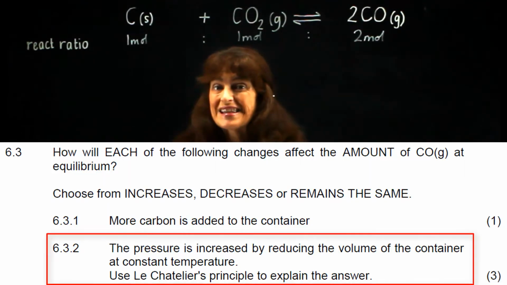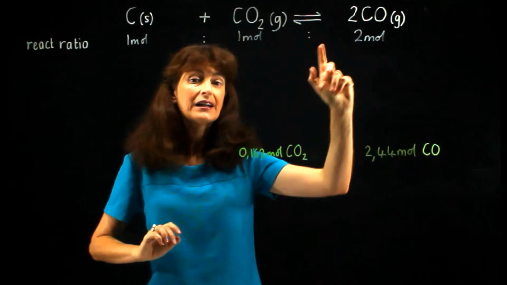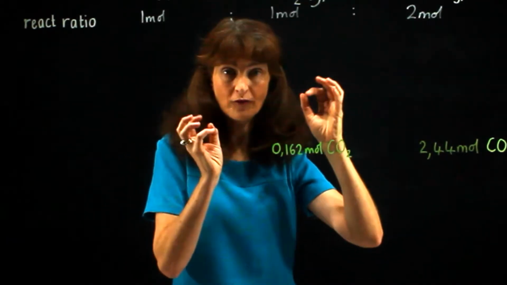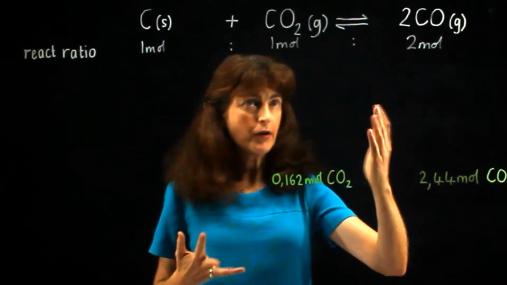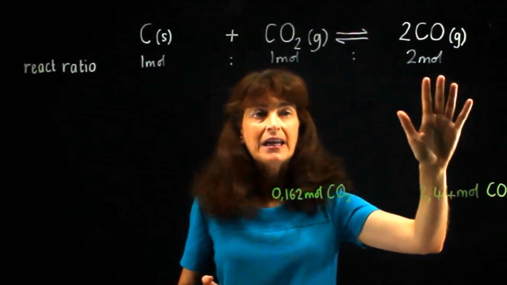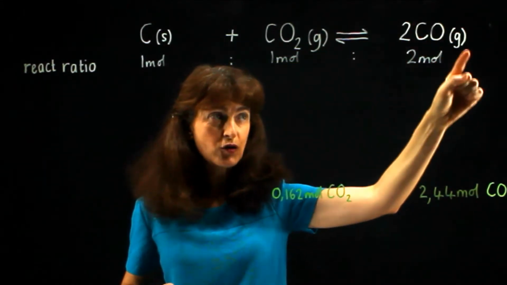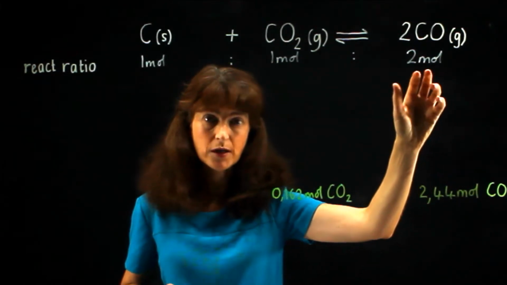Then we're told that we increase the pressure by decreasing the volume. Click on that link for the effect of a change of pressure on equilibrium. But very quickly, what's going to happen here is that will favor the reverse reaction, decreasing the amount of carbon monoxide at equilibrium.